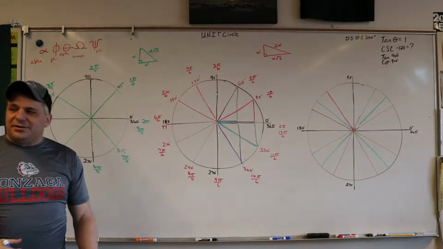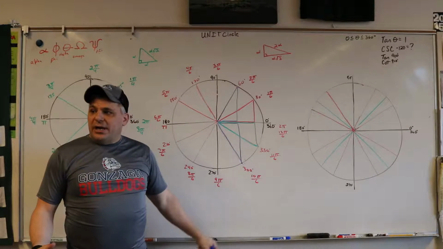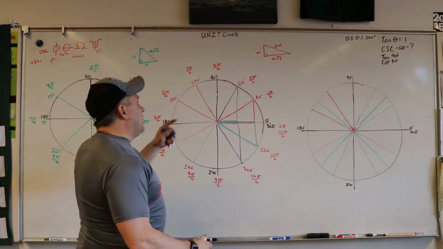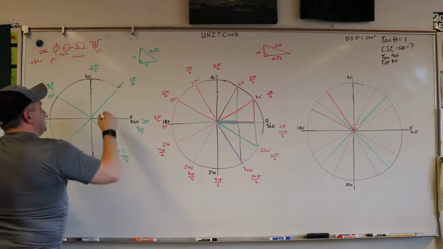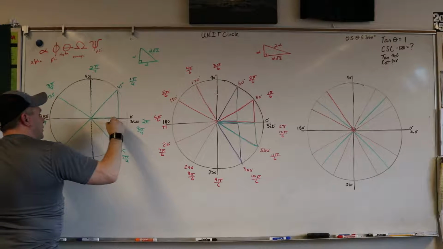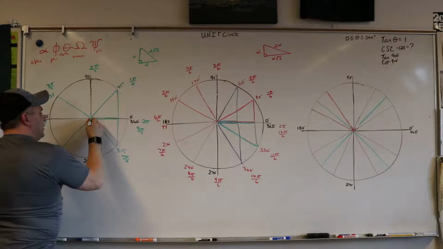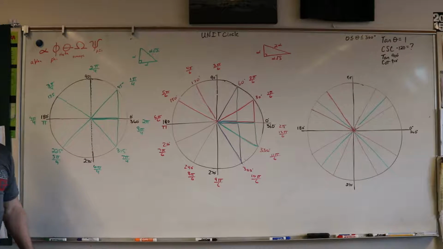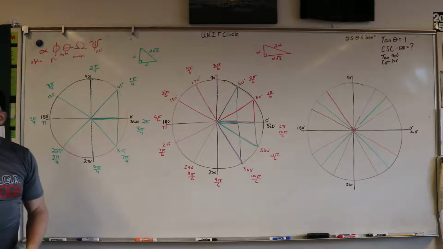All of these triangles, these are all 30, 60, 90 triangles. Okay? And so I need to know these are all 45, 45 triangles, right? So I need to put this in terms of the unit.